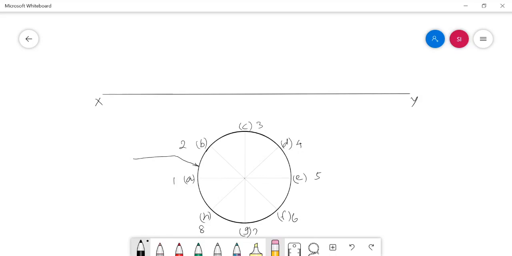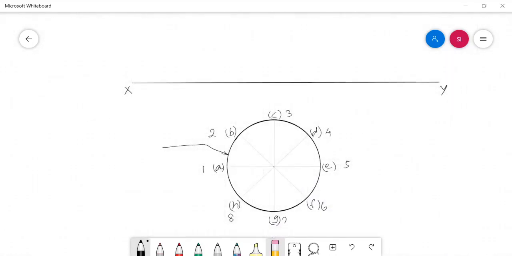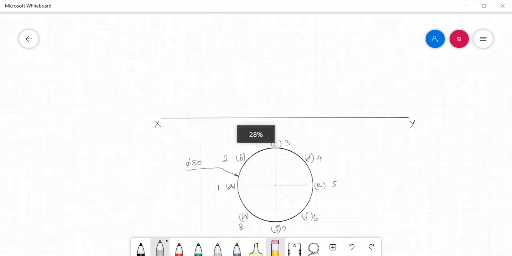The diameter of the solid given in the problem is 50 mm. And now I need to project the points towards the front view area.